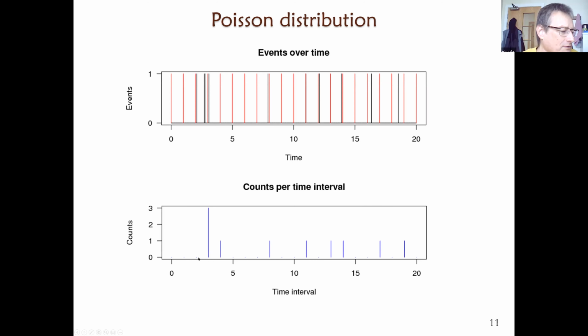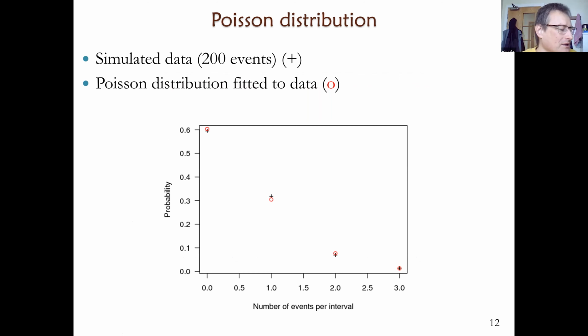You do that many times, and then you can generate a plot of the probability or frequency of 0 events, 1 event, 2 events, 3 events per interval, and so on.